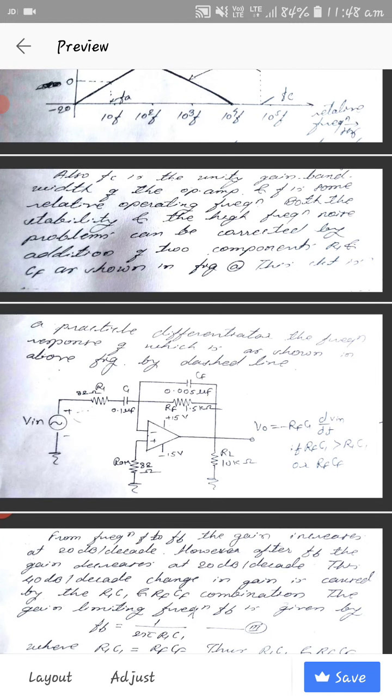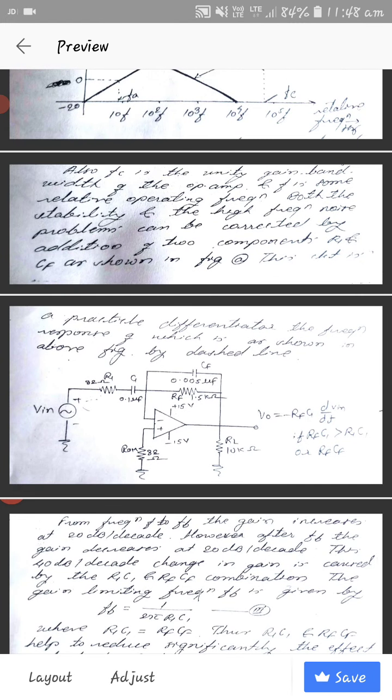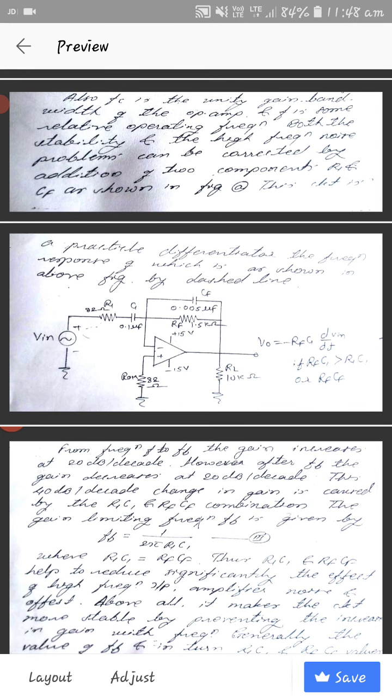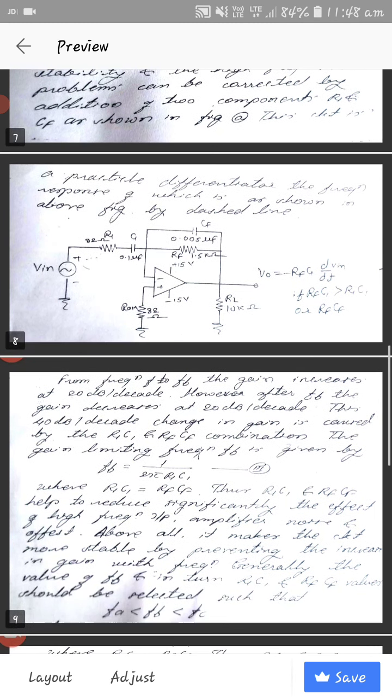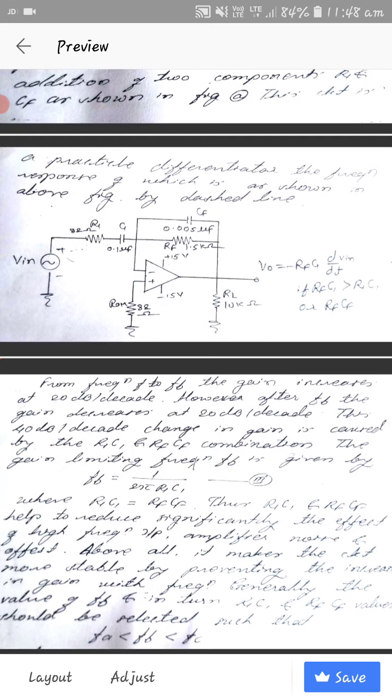This is the practical circuit of the differentiator, whose frequency response is as shown in this figure. Here we apply feedback, with the output connected to the input. Here one CF capacitor is connected. That means the first circuit we saw, we will use as it is. But what will we add? In series and parallel with the input and feedback, we will use the R1 resistor and the CF capacitor.